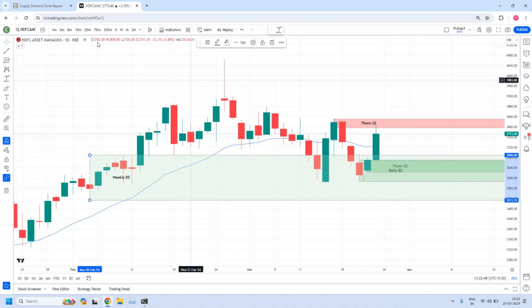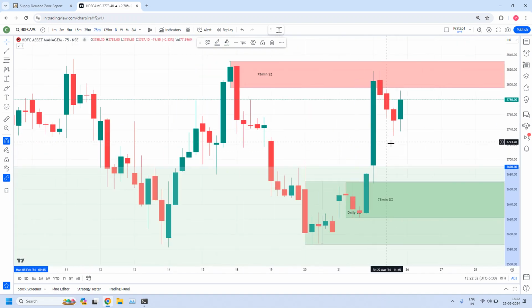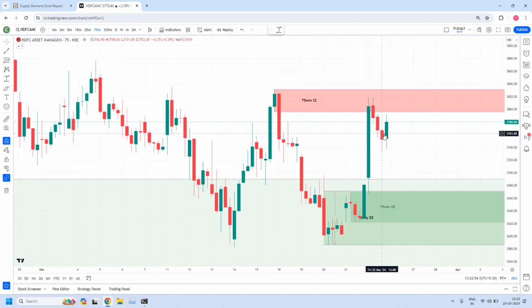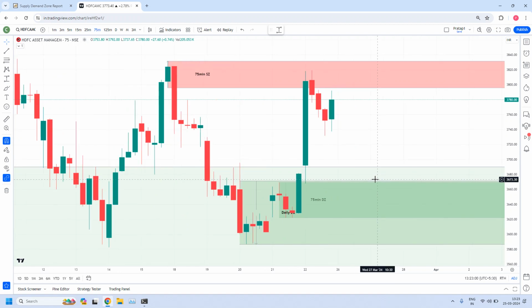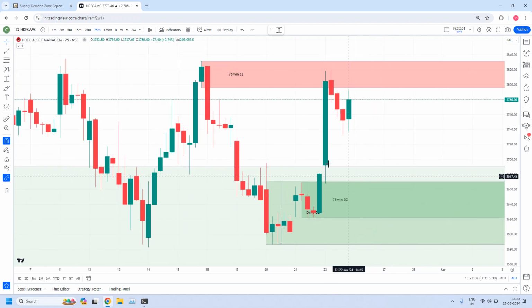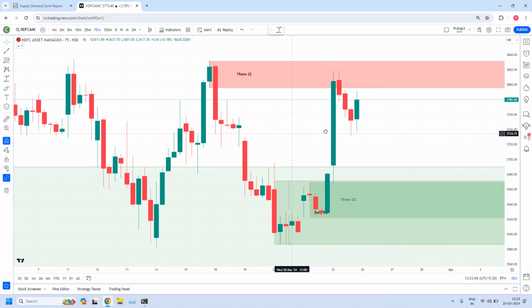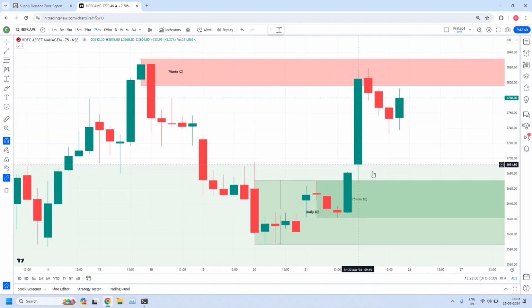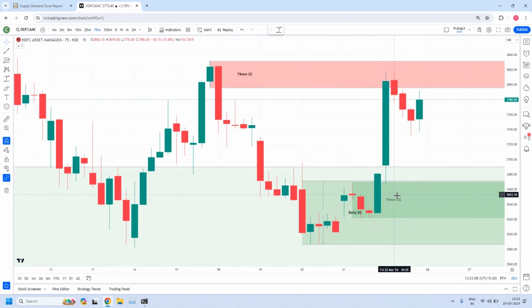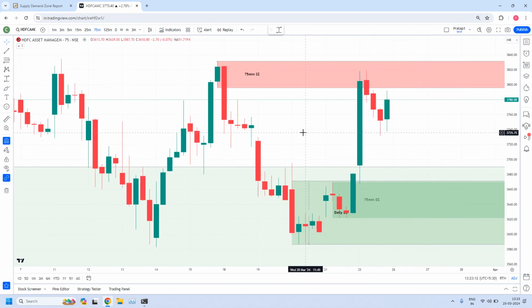So now let's go to the 75 minutes time frame. What is the RR you are going to get? But here you observe, inside this 75 minutes from here to here, how much RR is there? That is also you need to check.